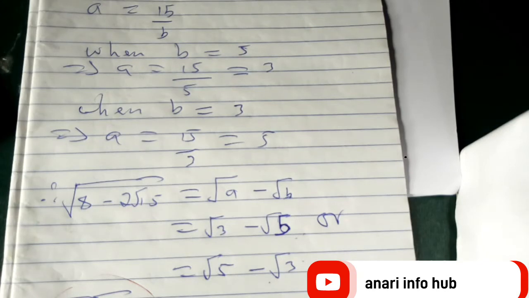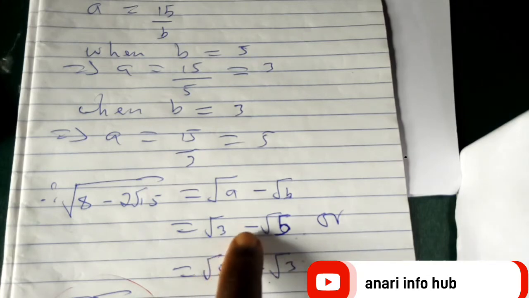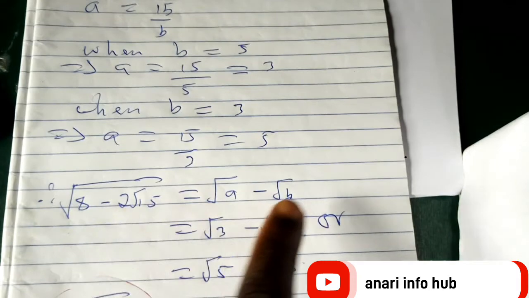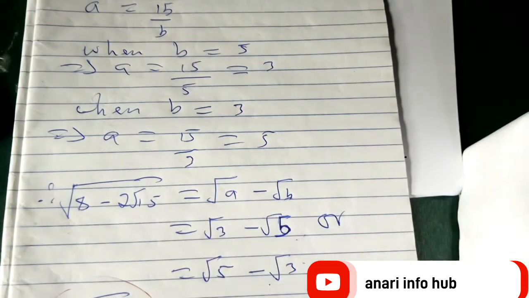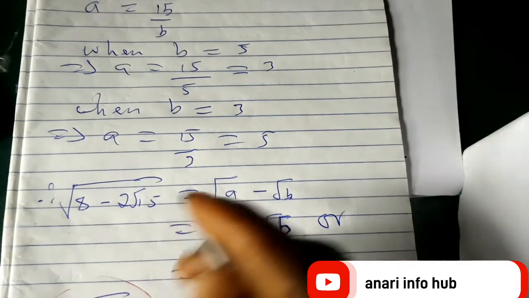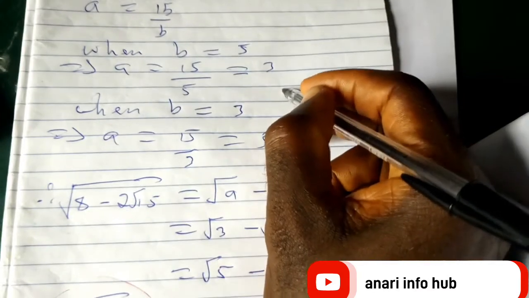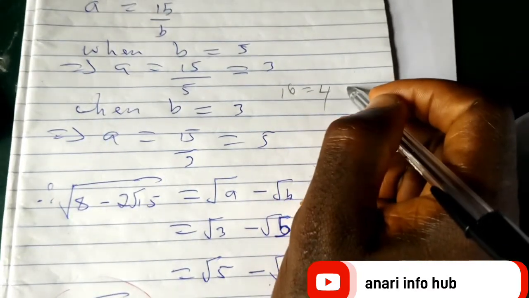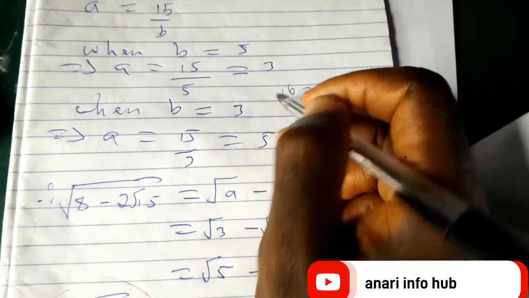So you can verify that this is the square root of this. Just like the square root of 16 is 4, that means 4 times 4 gives us 16. I hope you are getting it.